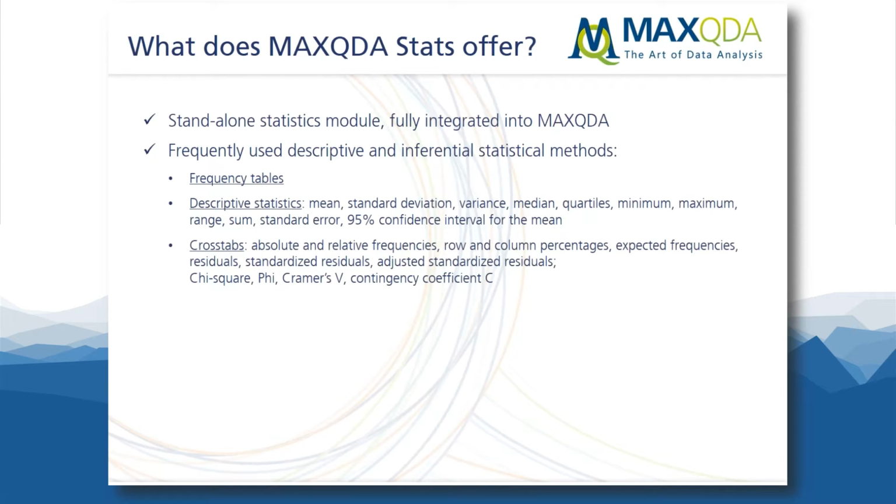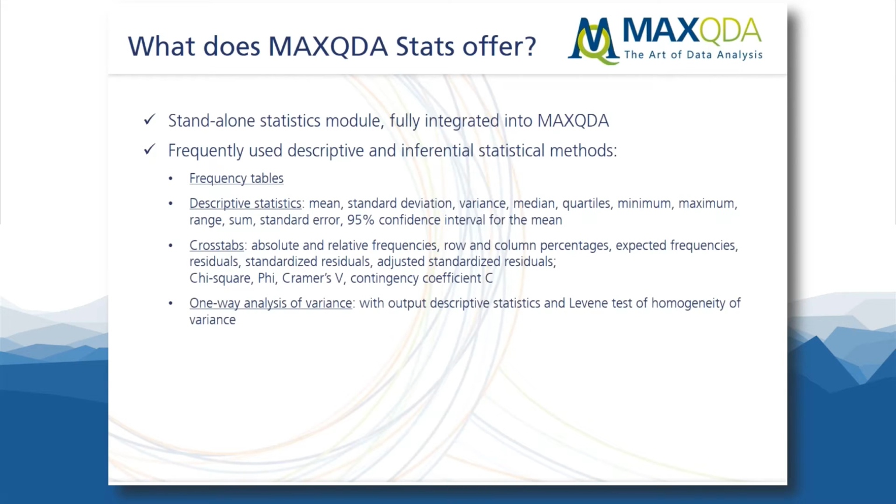And furthermore, you can calculate the chi-square value or the phi, Cramér's V, contingency coefficient C. So you have all the typical values for crosstabs integrated into MAXQDA Stats 2.